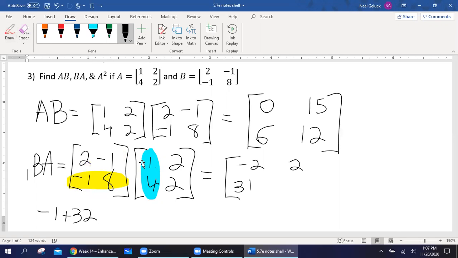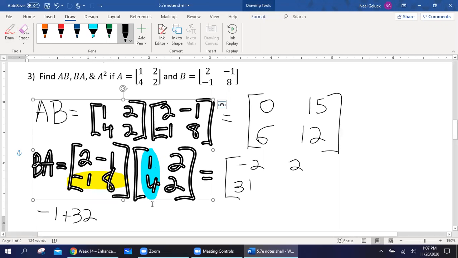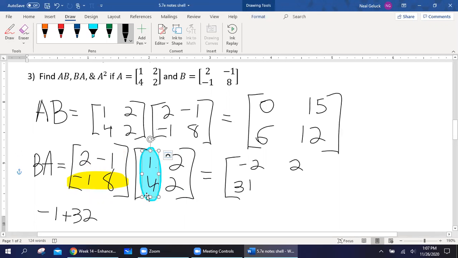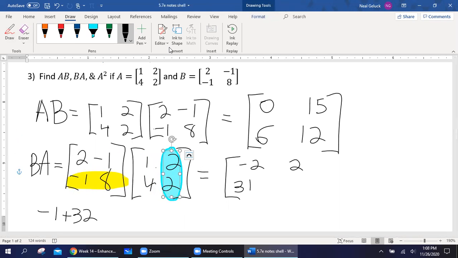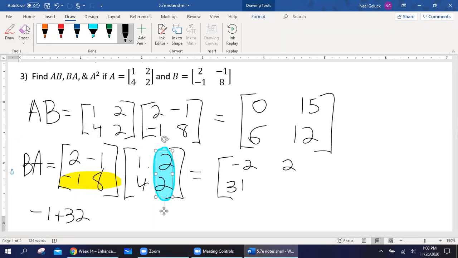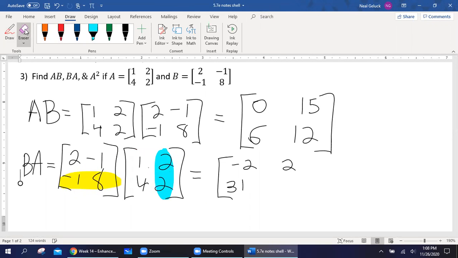Exhaust all the columns. So now I'll go to my second column. -1 times 2, -2. 8 times 2, 16. And I get 14.